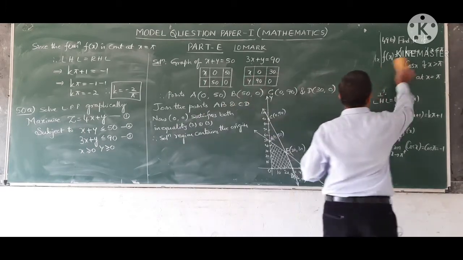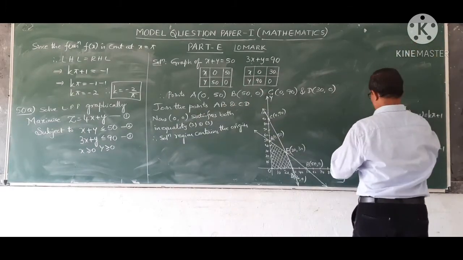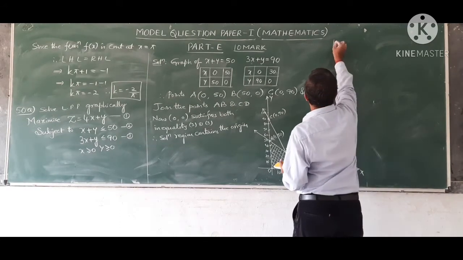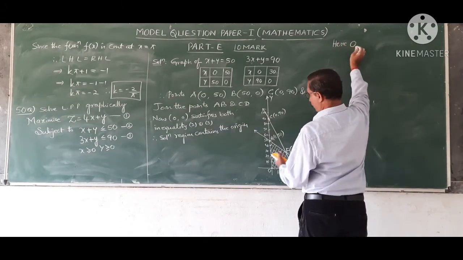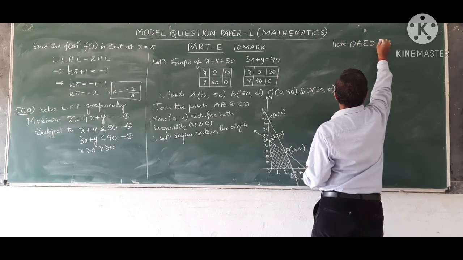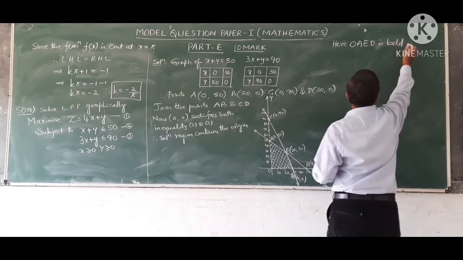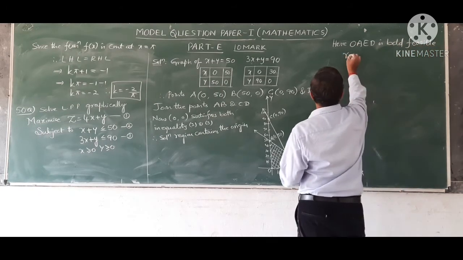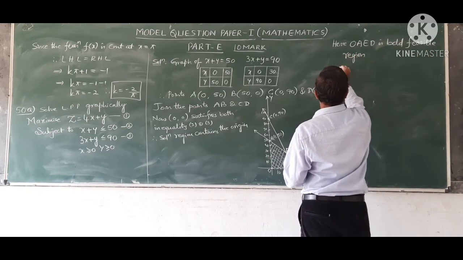Now from this graph we observe that OAED is the bounded feasible region.